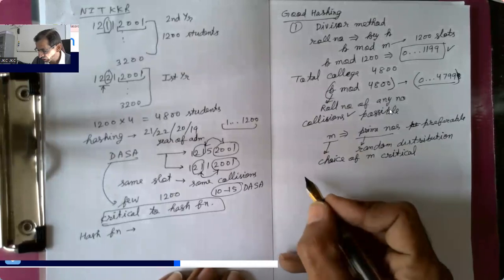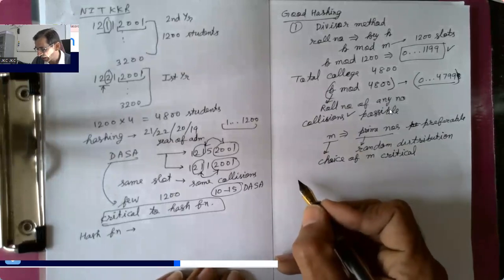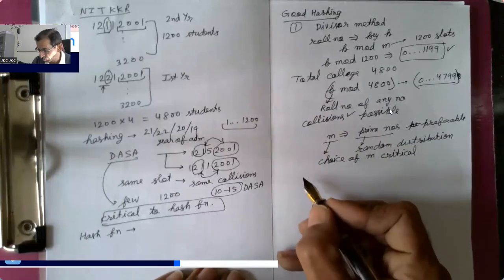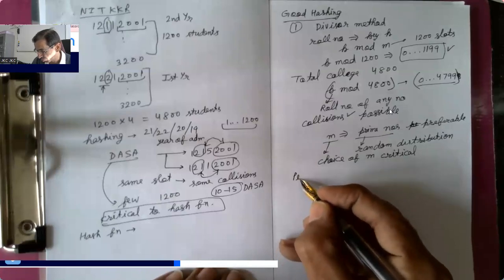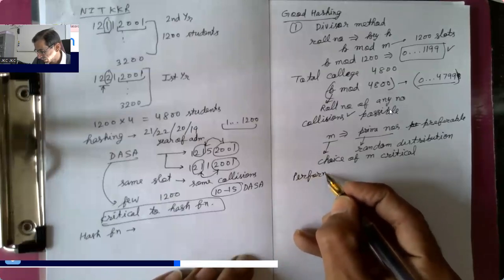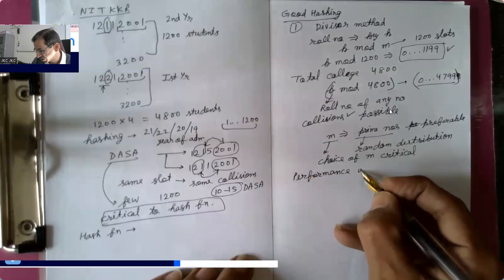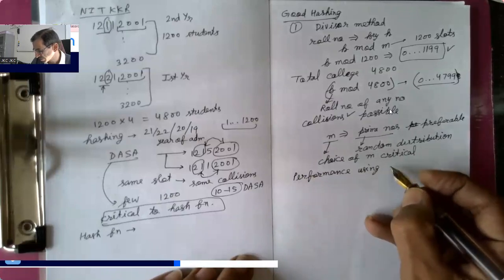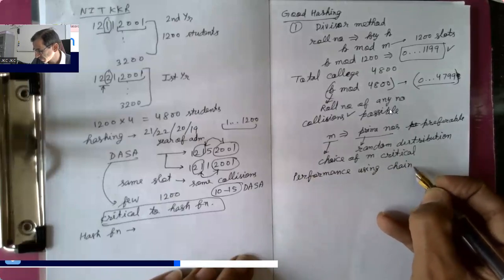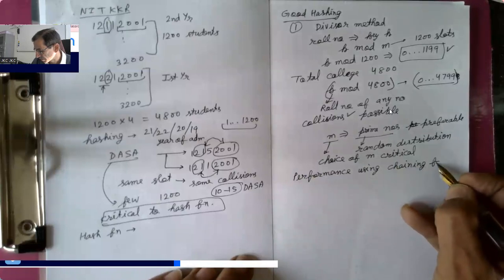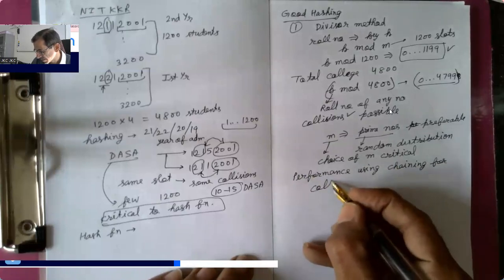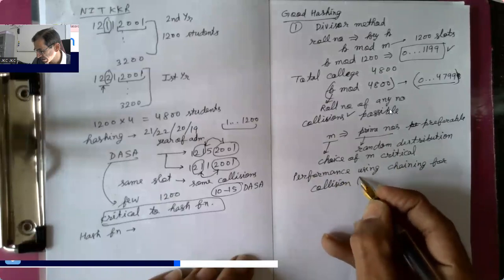But if I know that chaining is there and I am going to get some collisions, how will the performance be? Performance using chaining for collisions, and simple uniform hashing assumed.